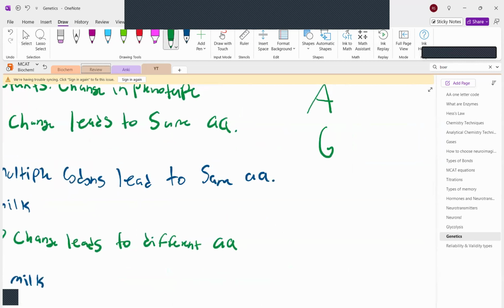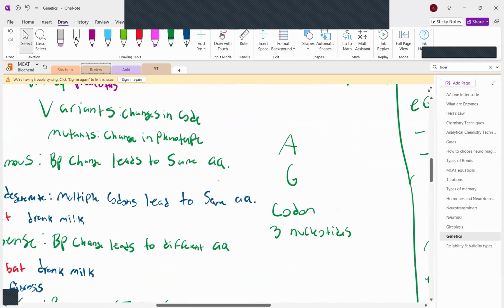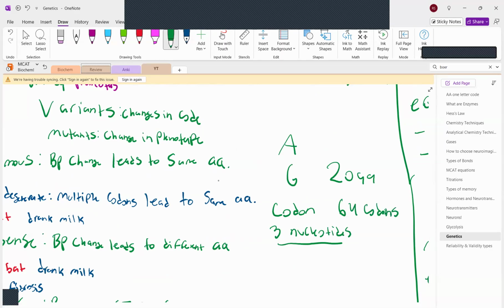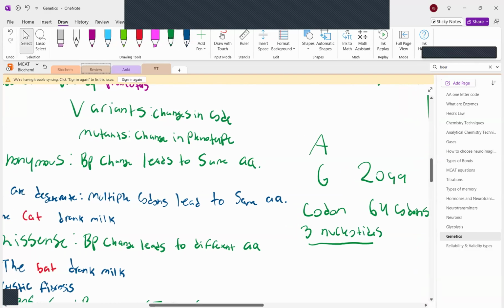A codon is 3 nucleotides. And that means you have 20 amino acids, right? But technically, because it's 3 nucleotides, you could have 64 possible codons. So obviously there are going to have to be some that are reused.